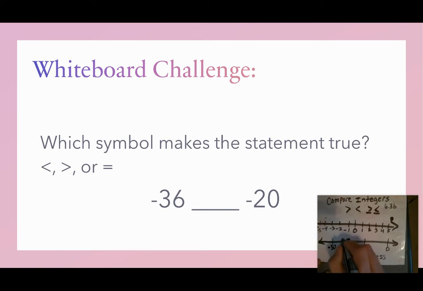Negative 36 is, we'd have to keep on going further down to about right there. So negative 36 is less than negative 20. If it were negative 36 degrees outside, it would be colder than if it's negative 20. If you had negative $36, that would be like owing $36. You'd have less money if you owed $36 than if you owed $20.